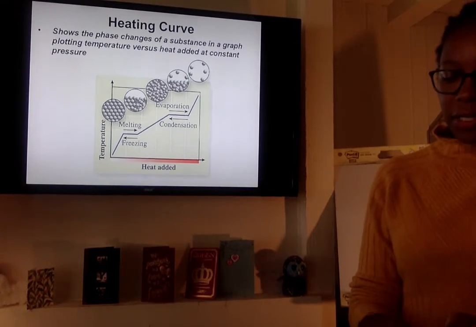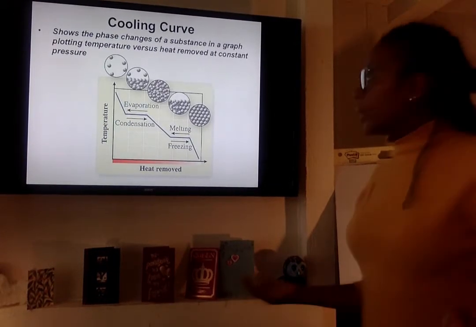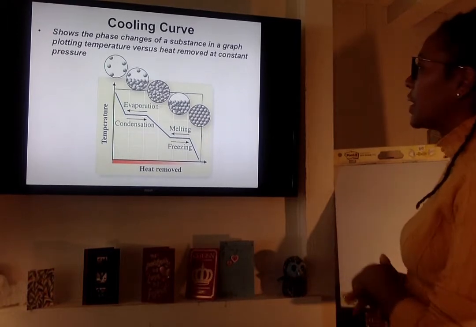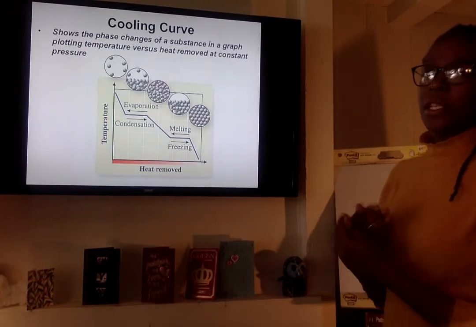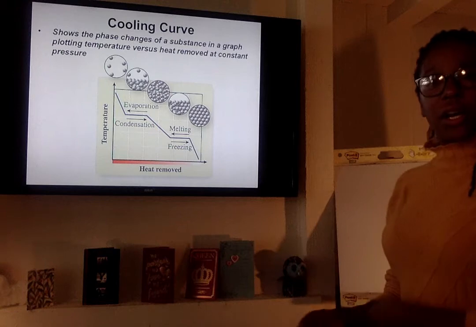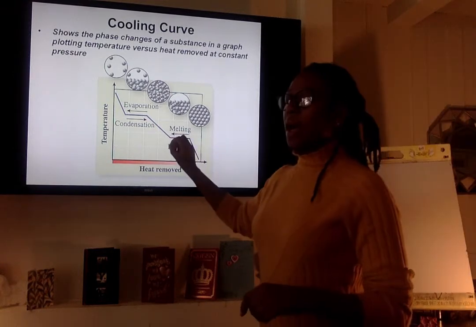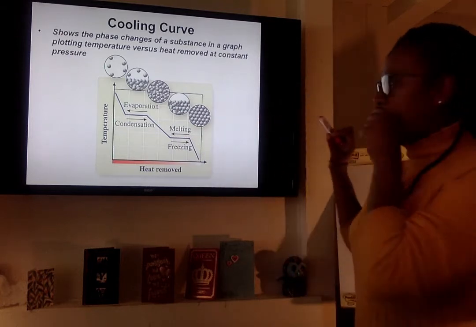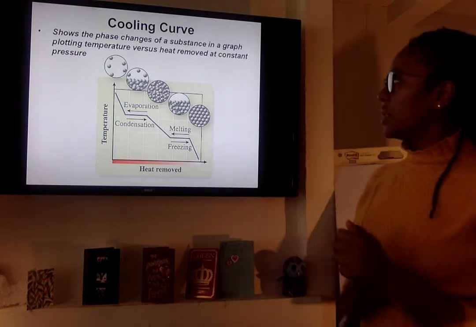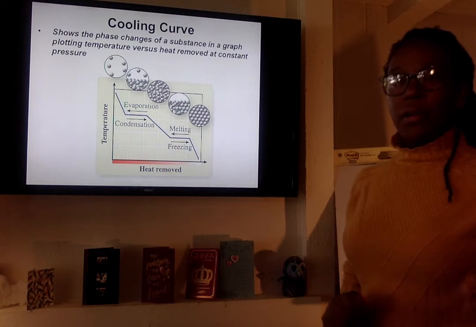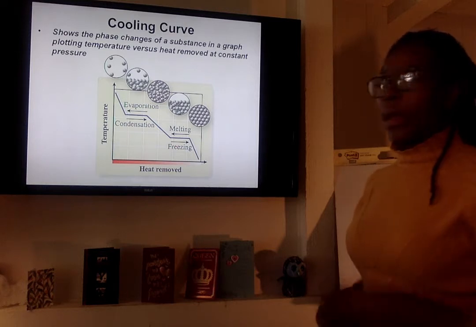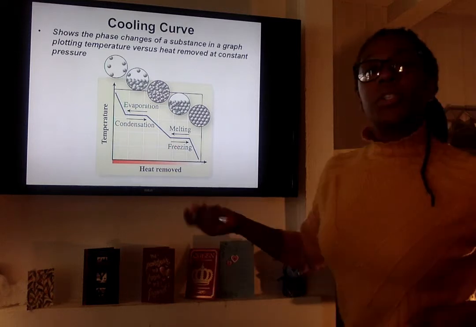So they have another example looking at the cooling curve. This is exactly what I was just showing, but the opposite. So you have two curves. You have your heating curve, right? And know for these curves which phase changes are related to which curves.